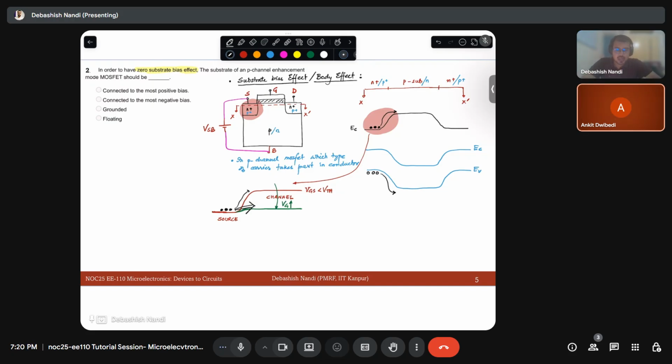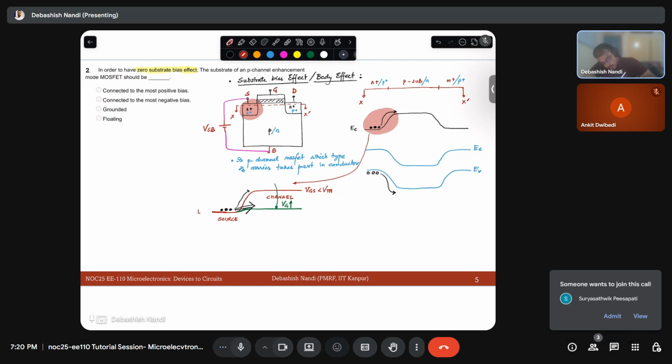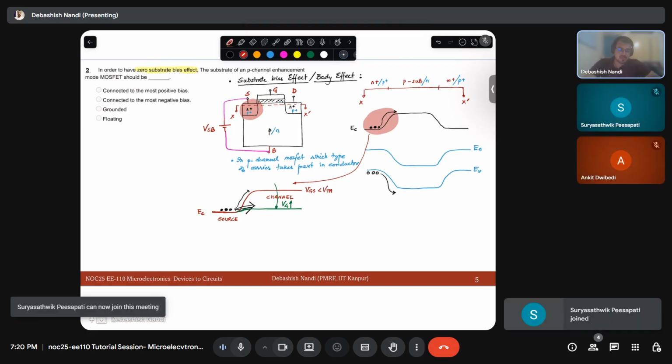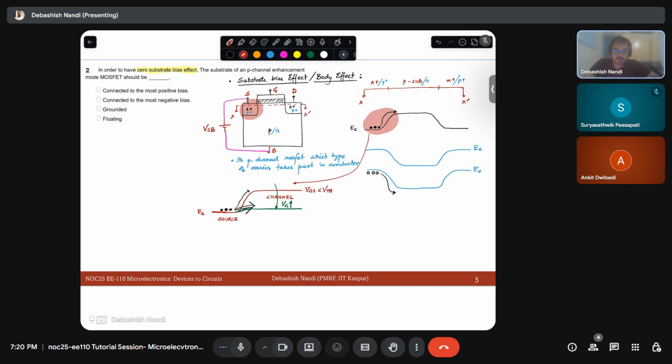Now tell me, what happens if I put the source terminal at a positive bias? So this is my EC, right? Will EC be lower or will EC be higher if I put a positive voltage at the source terminal? It will be a reverse bias, so I guess it will be higher. No, there is nothing to do with reverse bias. Think of it this way: source is a terminal, right?